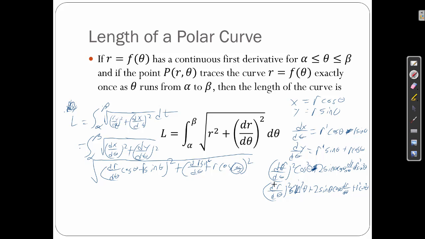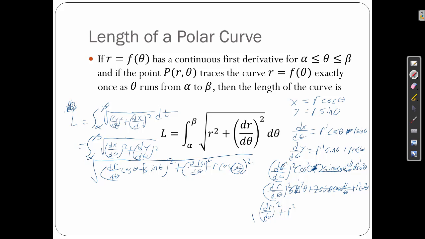Alright, so collecting some terms here. You can combine these two, sine squared plus cosine squared, factor out the dr/dθ squared. Sine squared plus cosine squared is 1, so that's just dr/dθ squared. Similarly with this one, r squared times sine squared plus cosine squared is just r squared. And then the middle term just goes away, because they're the same term with opposite signs.